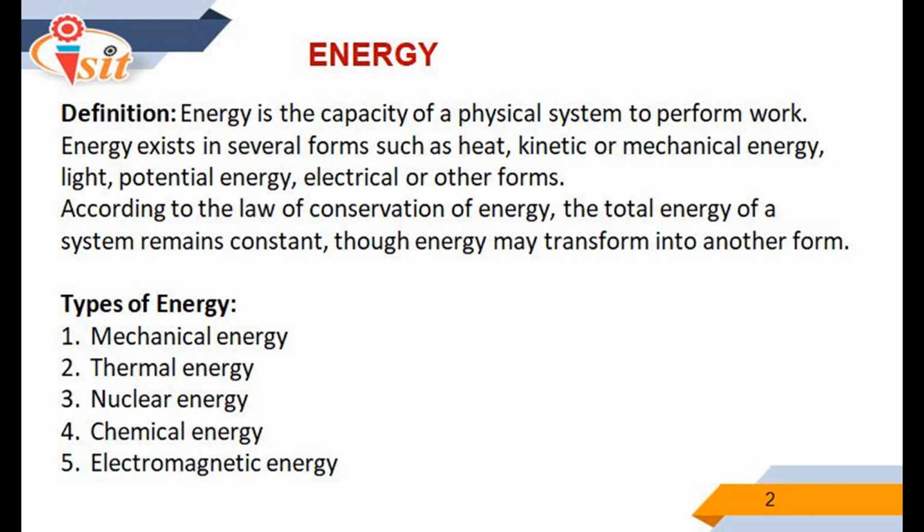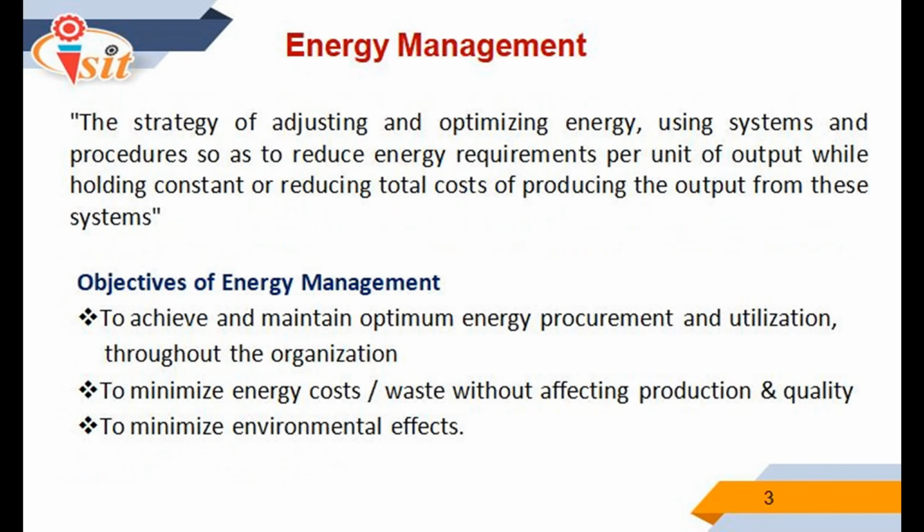The types of energies are mechanical energy, thermal energy, nuclear energy, chemical energy and electromagnetic energy. The next important point is energy management. The definition of energy management is the strategy of adjusting and optimizing energy using systems and procedures so as to reduce the energy requirement per unit of output while holding constant or reducing the total cost of producing the output from these systems.